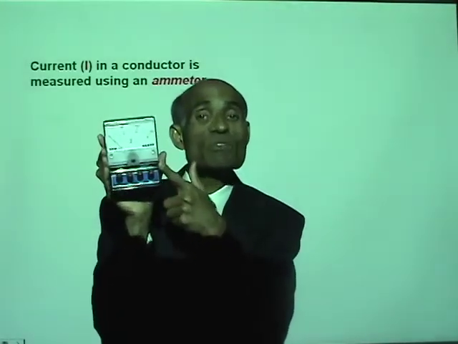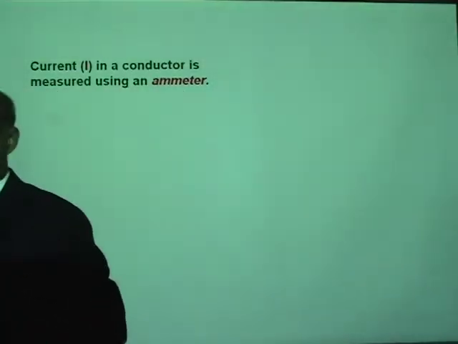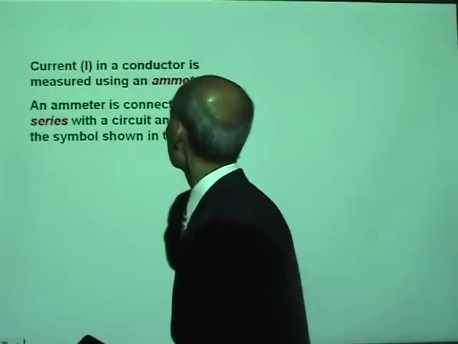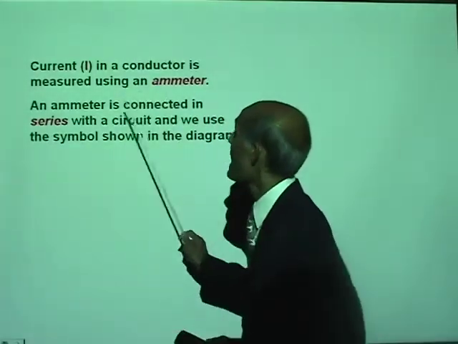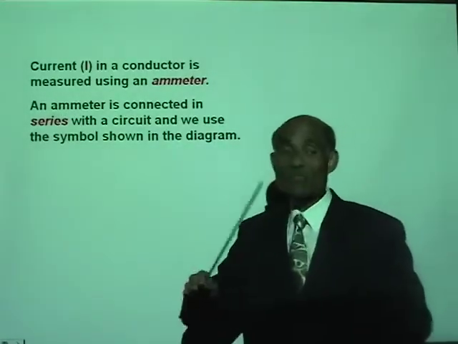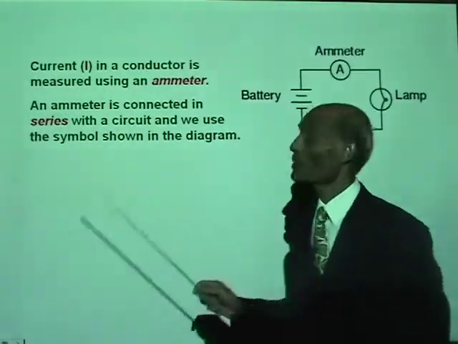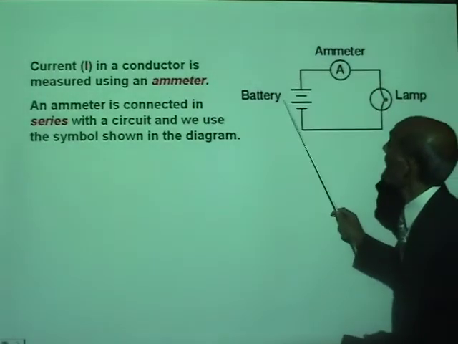Now, an ammeter will also look like this. It will measure the current. So current is measured in the electrical circuit by using an ammeter. And an ammeter is connected in series with the circuit. Now look at the way we connect an ammeter. Now this is the battery.